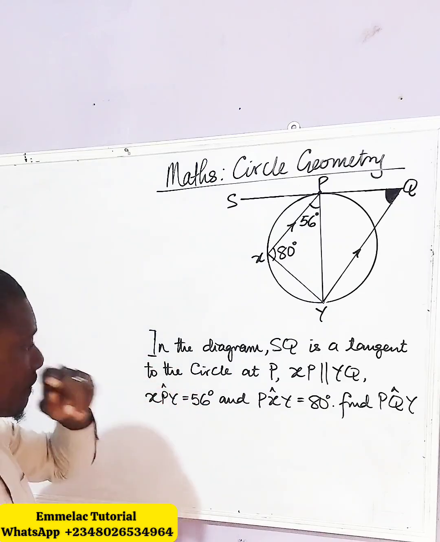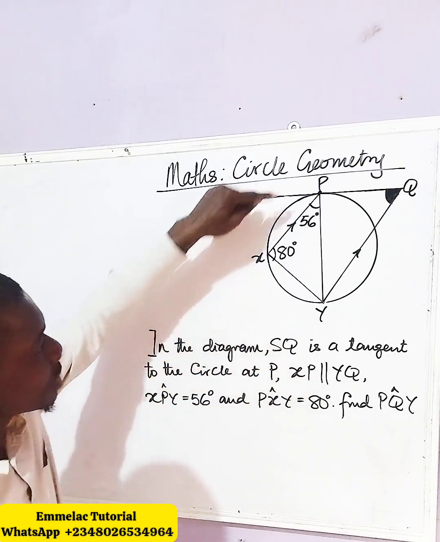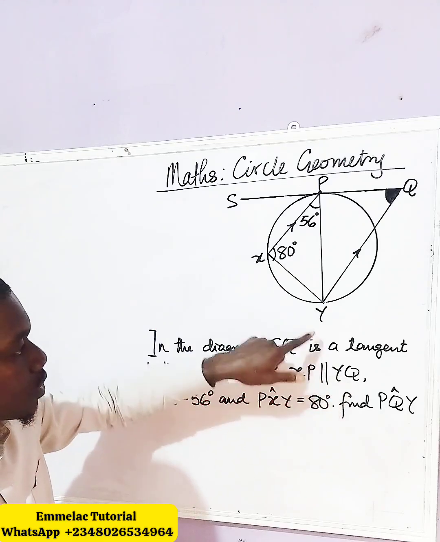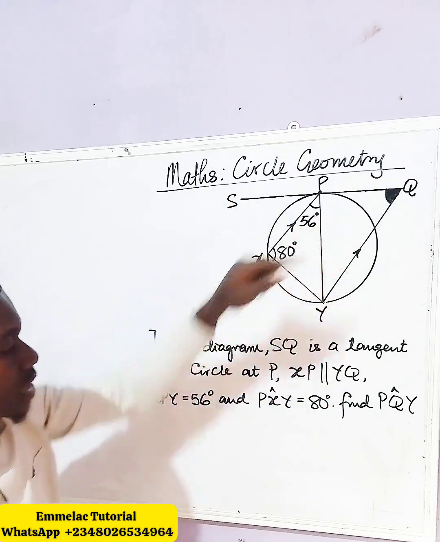Now XP, this line here, is parallel to YQ. This is YQ, so this line is parallel to this line.